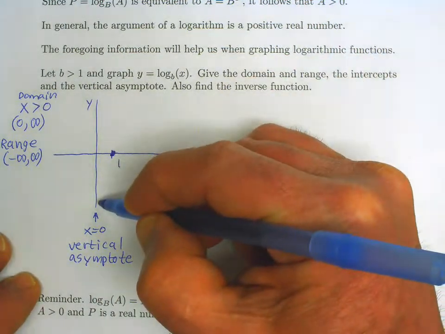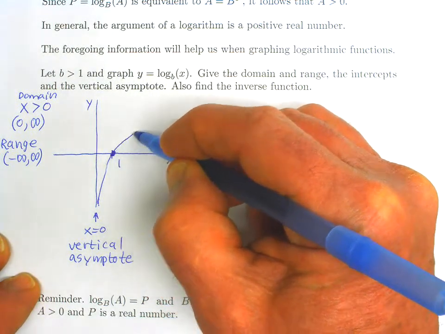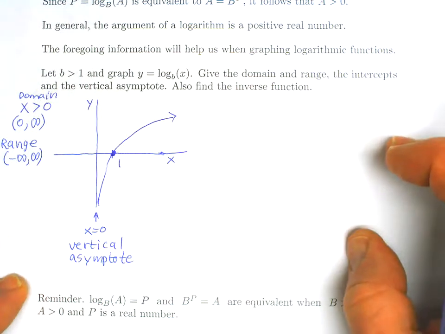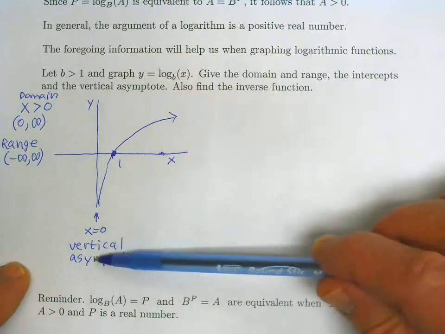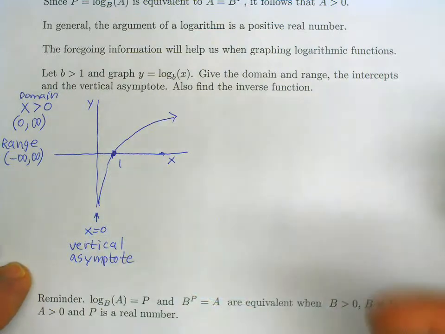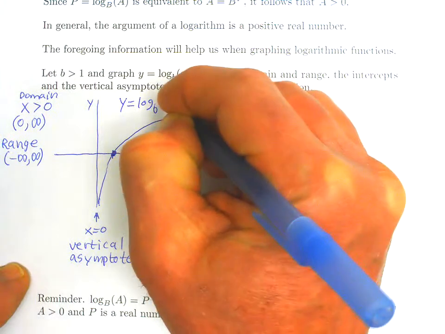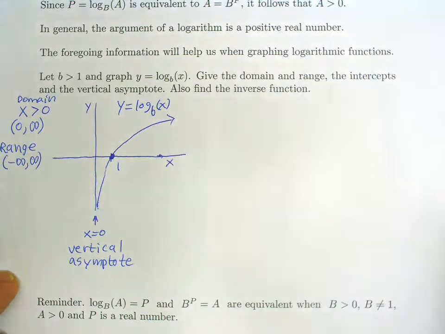And then the graph is going to look something like this. If you remember on a previous page, y equals log base b of x is the inverse function of y equals b to the x.